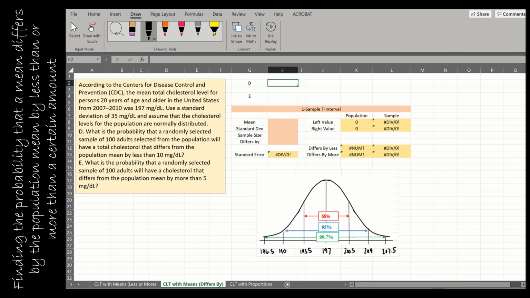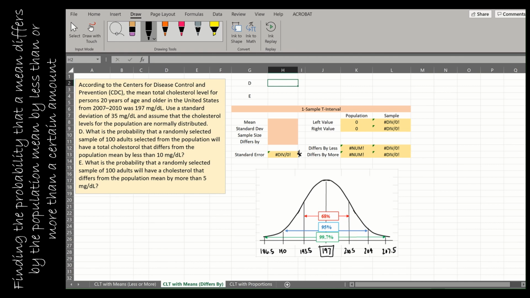So the first question says, what's the probability that a randomly selected sample of 100 adults, so again that's just telling us, guess what, we're using standard error, from the population will have a total cholesterol that differs from the population mean by less than 10 milligrams per deciliter. So we're expecting 197 milligrams per deciliter.